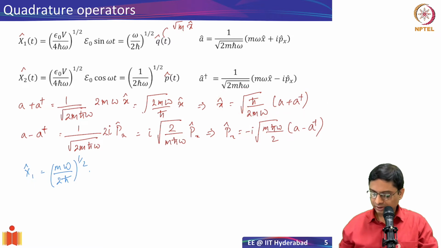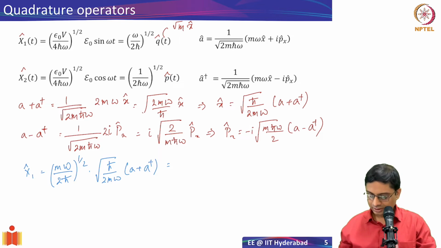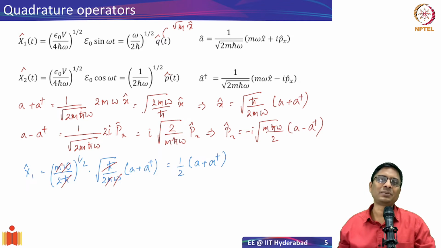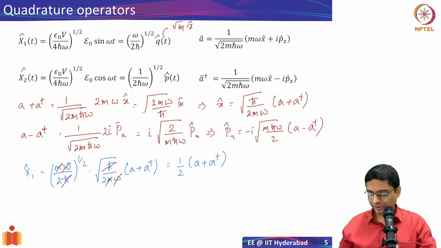This will be the square root of h cross by 2m omega into a plus a dagger. The square roots cancel, h cross goes, m goes, omega goes, and the factors of square root of 2 leave half of a plus a dagger. Your quadrature x1 is simply the average of the raising and lowering operators.